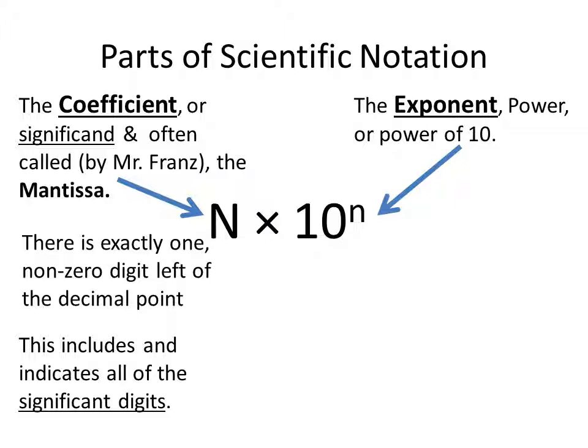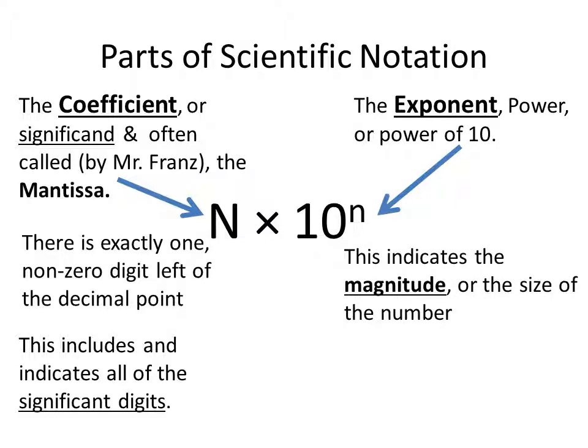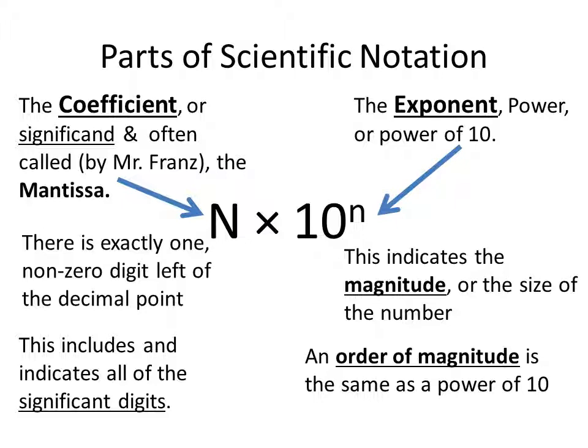It's often called the power or the power of 10 as well. That part of the scientific notation indicates the magnitude or the size of the number, how big it is. An order of magnitude is the same as a power of 10. So if we speak about orders of magnitude, we're talking about within a factor of 10.